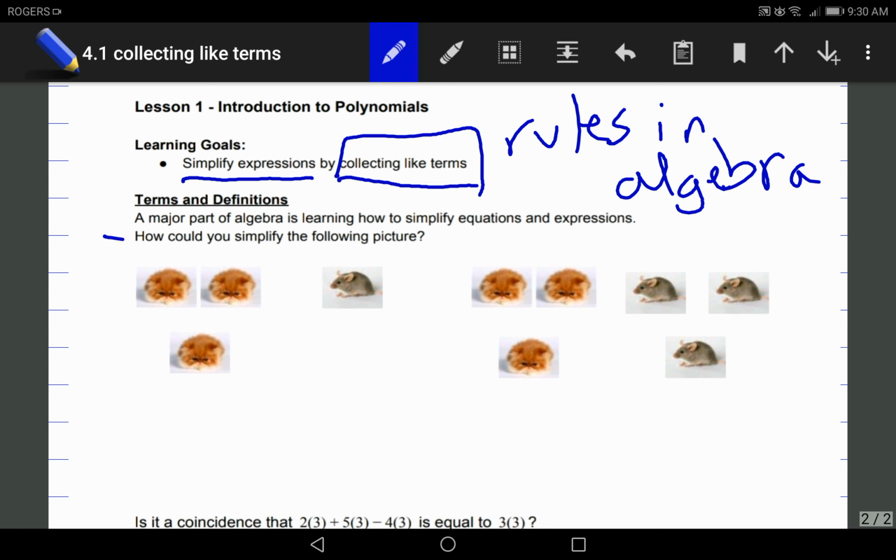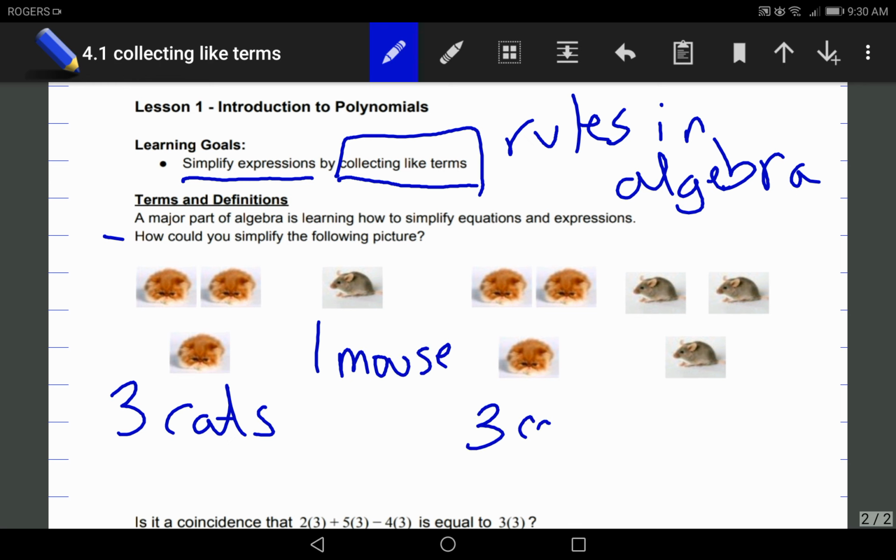All right, so we see here that there are 3 cats, right? Then 1 mouse. Then 3 more cats and 3 mice. Okay, now obviously when you're looking at that, wouldn't it make sense to, instead of saying that there's 3 cats, 1 mouse, 3 cats, 3 mice, wouldn't it make sense to add together the cats?